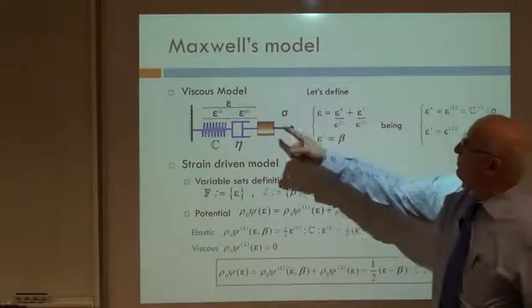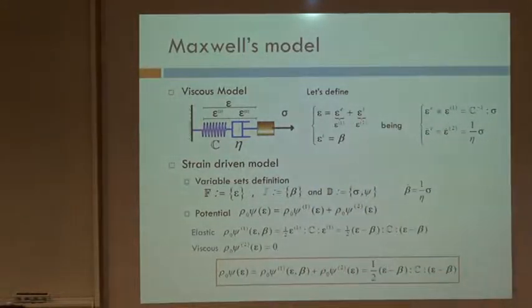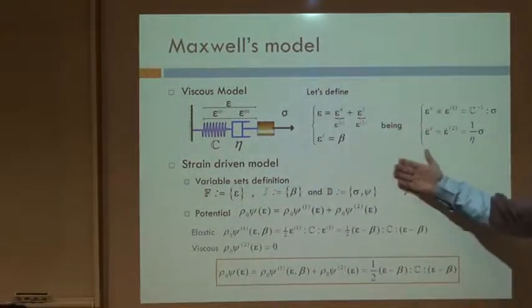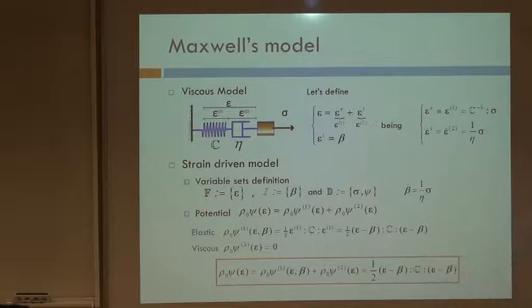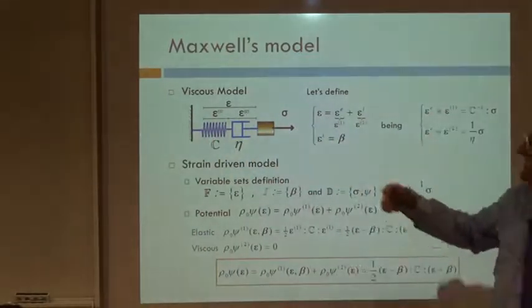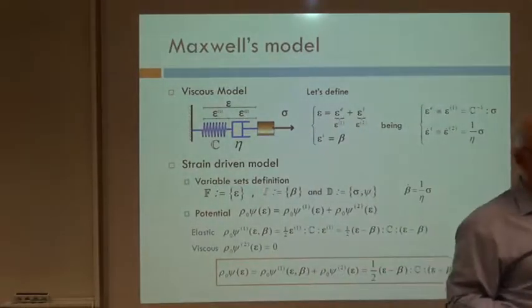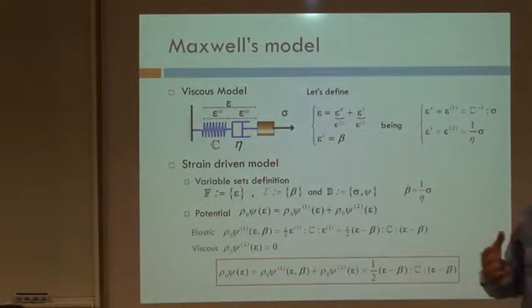That is, epsilon 1 is epsilon minus beta. So, inspired by that, I postulate this free energy. Let us see now what I obtain. What would be the constitutive equation of this model? So what would be the stresses in terms of the strains? Okay? What is the equation that relates the stresses to the strains? Can you tell me?